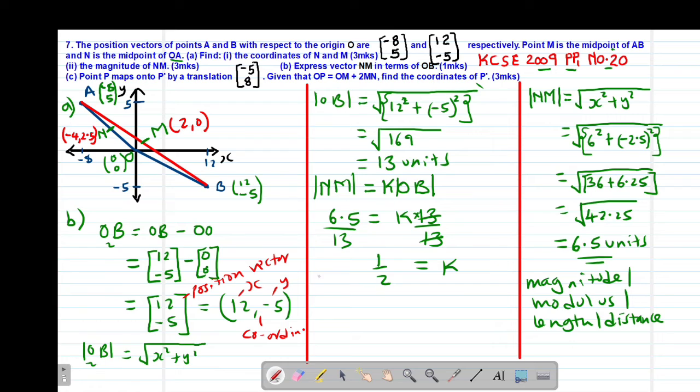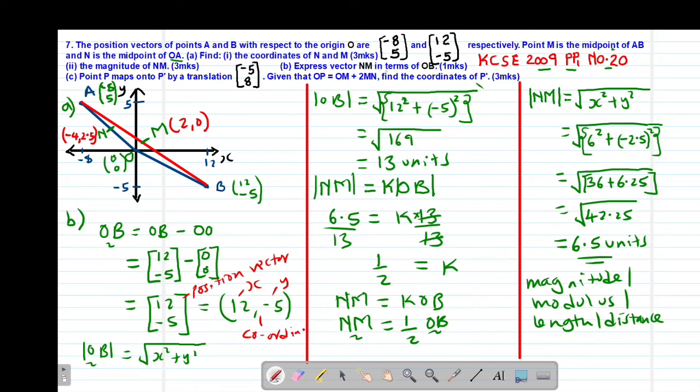Therefore, NM can be written as K times OB, and since K is a half, the vector NM will be equal to a half of the vector OB.